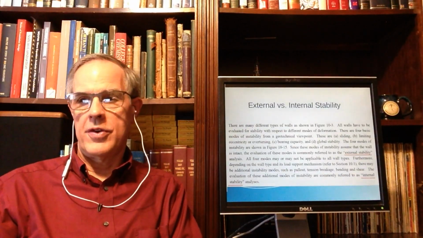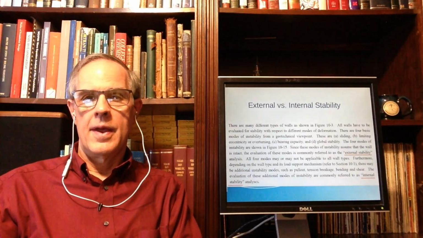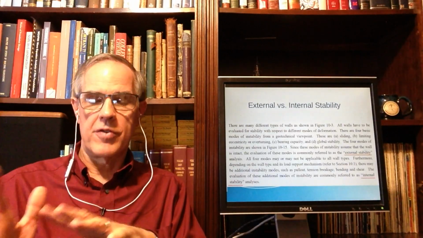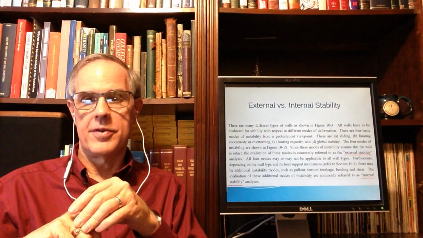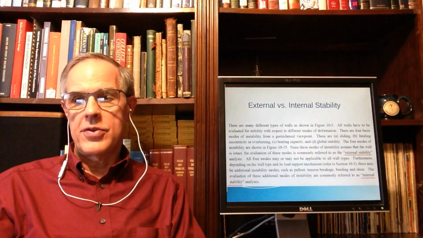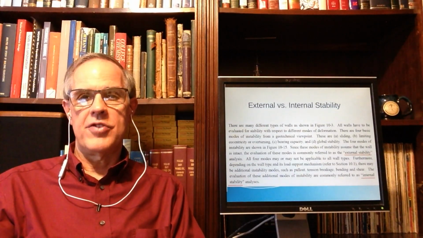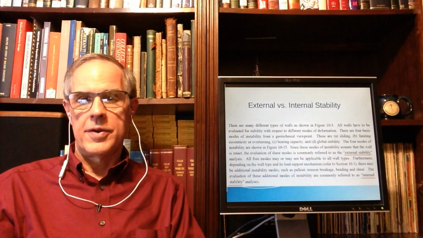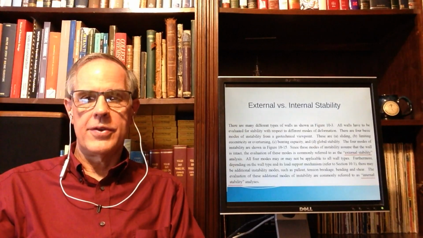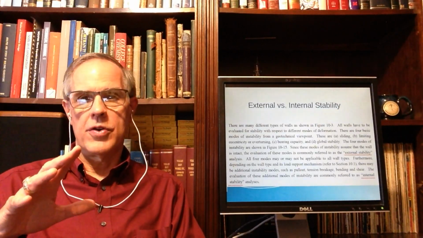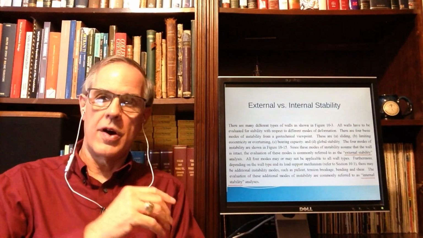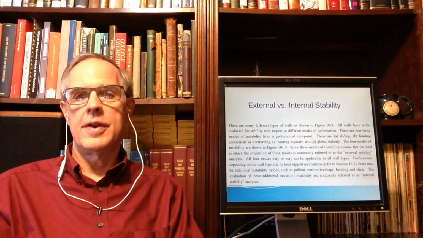External versus internal stability. I talked about external versus internally reinforced walls. We talk about external versus internal stability. External stability is generally geotechnical stability, whether that's due to resistance, or the soil trying to overturn the wall, trying to push the wall, or you have deep-seated stability.